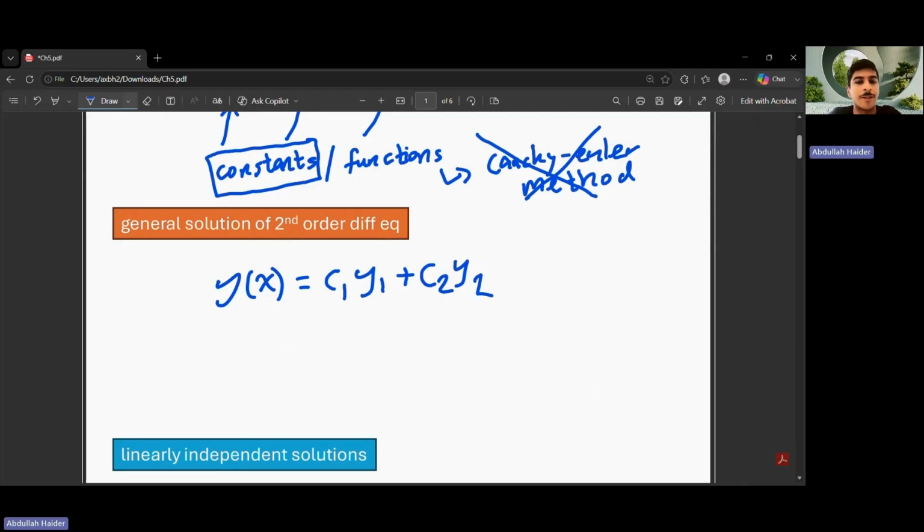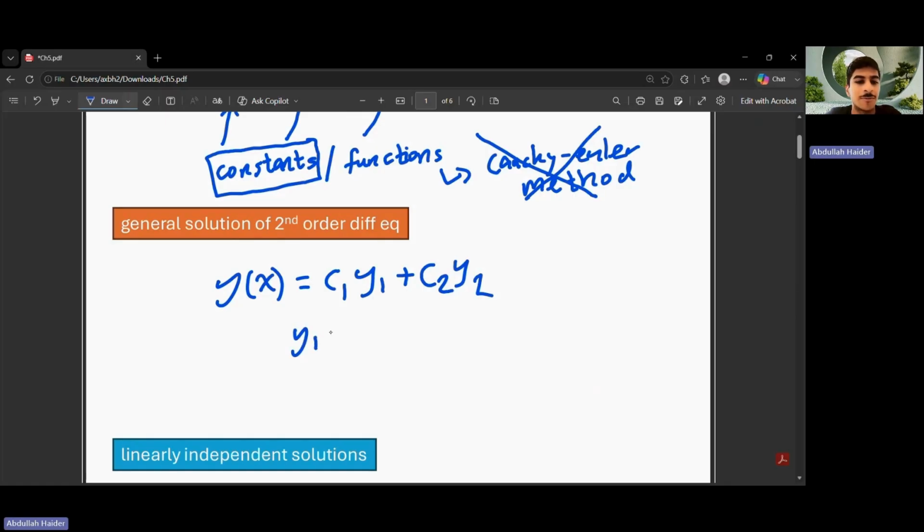This is the first solution and this is the second solution. Later on I will explain why we have two solutions, but it's important to know that the general solution is y of x equals c1 y1 plus c2 y2.